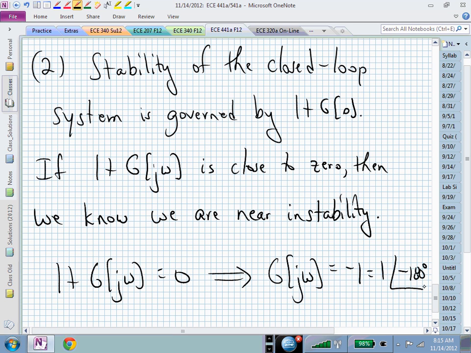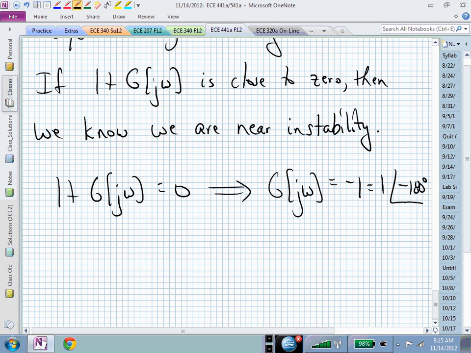And that's what we use to sketch all of these root loci. But in the root locus, we were concentrating on the entire complex s-plane, and that was G of s. Now we're looking at the imaginary axis and saying, okay, if we're walking up the imaginary axis, at a particular frequency, are we close to a magnitude of 1 at an angle of minus 180?